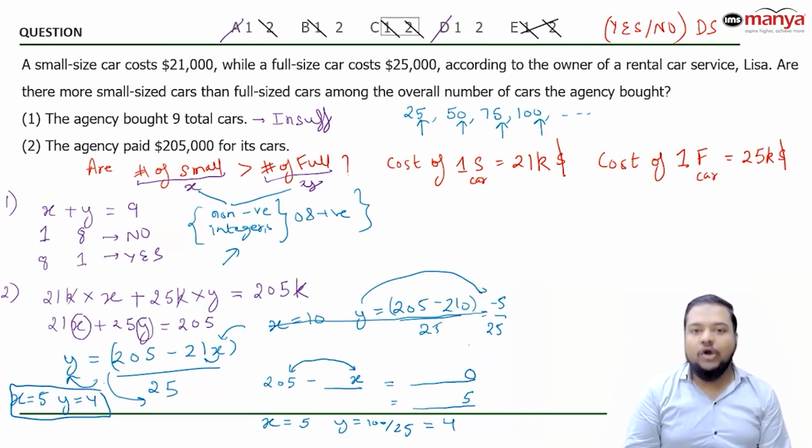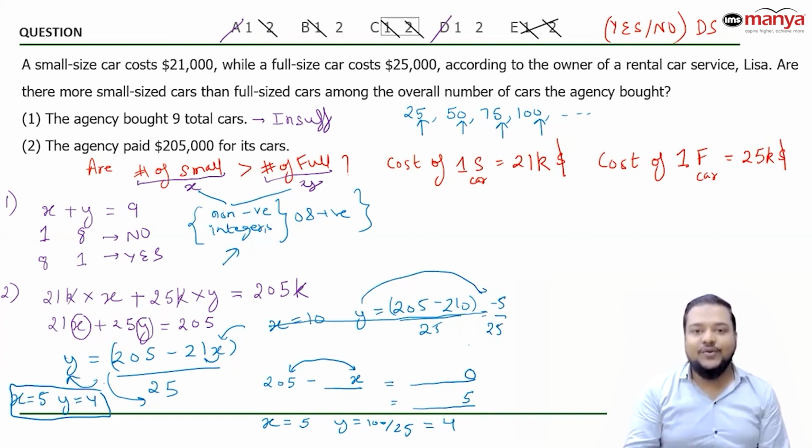Now you can easily observe, if you increase the value of x from 10, y will always be negative, whether fraction or integer. Try x equal to 15. 21 into 15 will be very much greater than 205. So you will get 205 minus 21 into 15 as a negative number. So y will always be negative now, and even more negative as you increase the value of x.